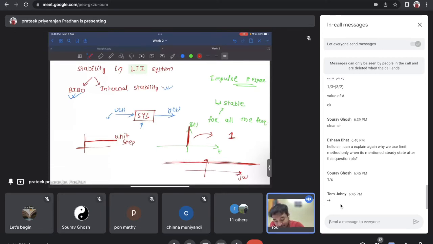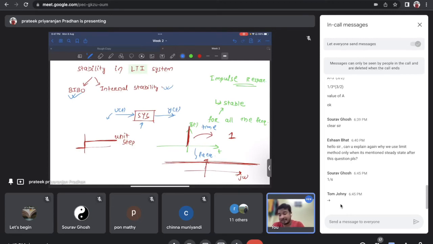This is in the time domain. Same plot in the frequency domain, and you can see it covers all the omegas. So when I'm designing a system, my priority is that the system should be stable for all the frequencies. That's why we do the impulse response.